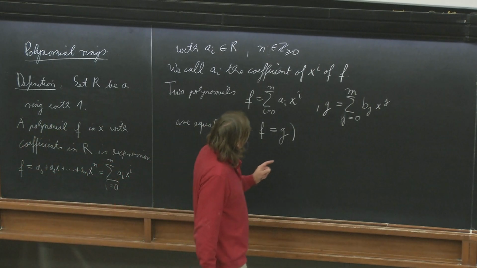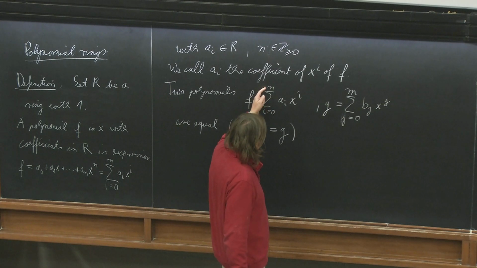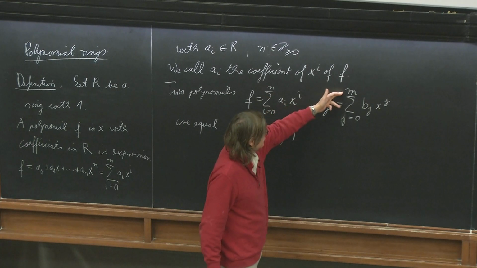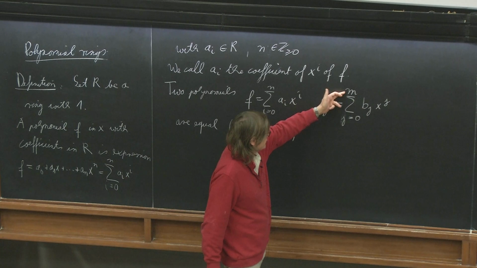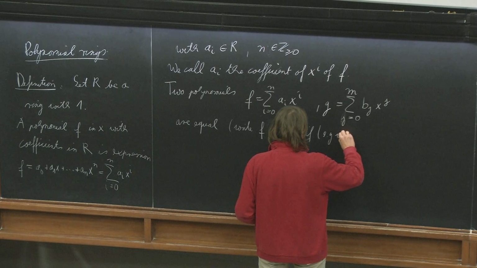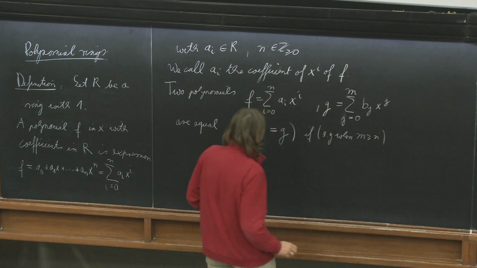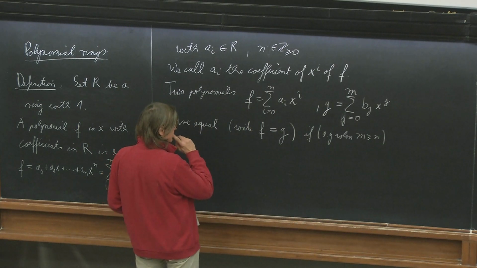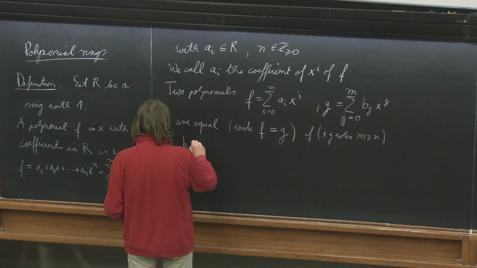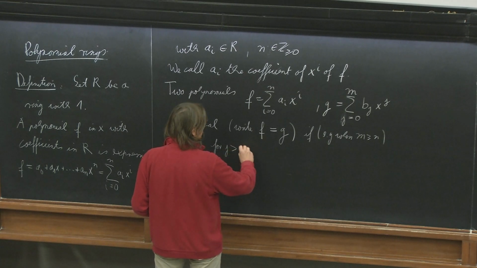If, well, we have these. This goes until n, this goes until m. One of the two numbers, n and m, will be bigger or equal to the other. So we can assume that, say, the second one is bigger. So if m is bigger or equal to n, we have that bj is equal to 0 for j bigger than n.